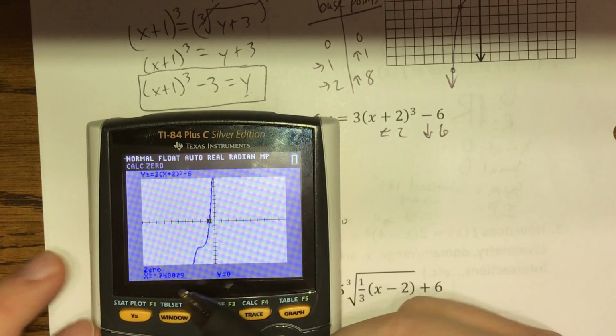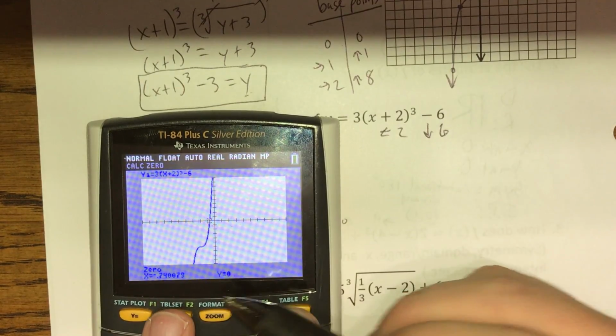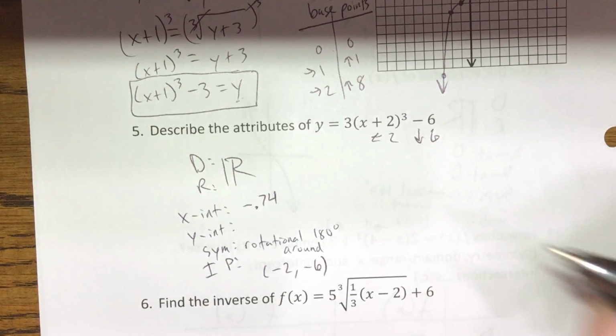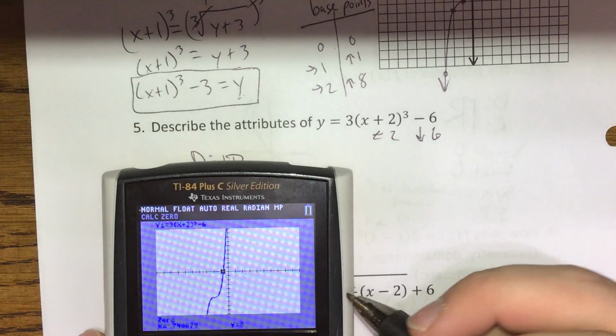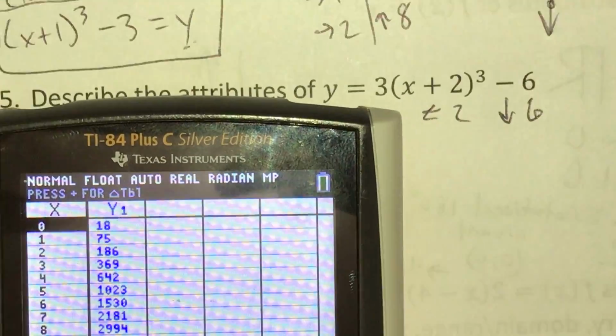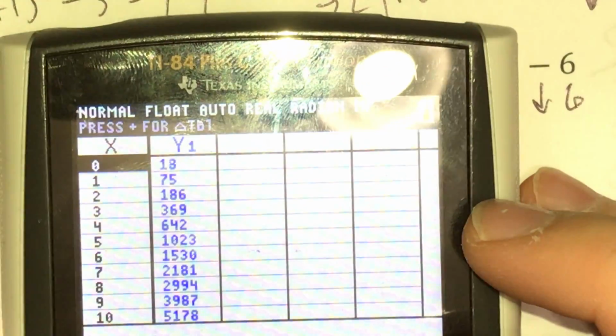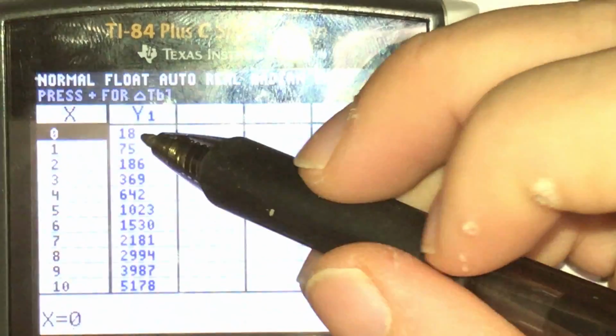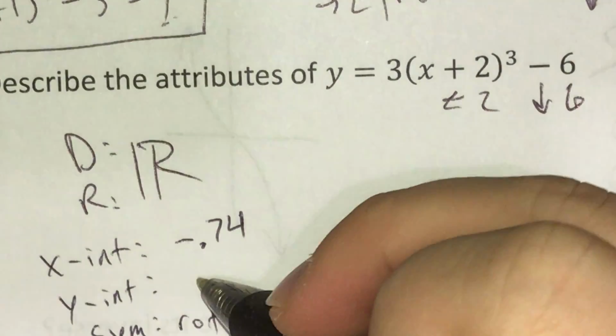So there's the x-intercept, -0.74. And then for the y-intercept, we'll go to second graph, we'll go into the table. And when x is 0, that's the y-intercept. So the y-intercept for this one is 18.